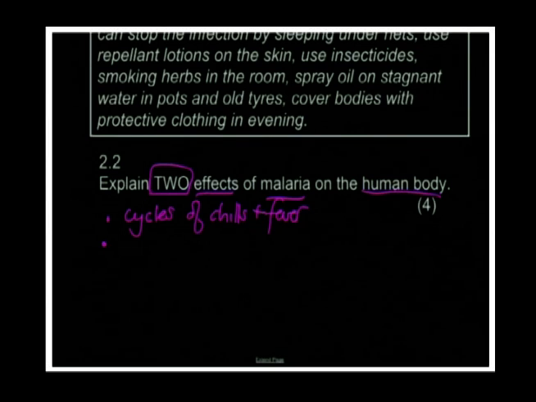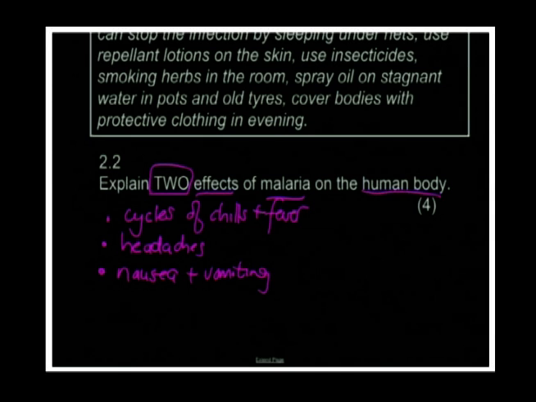You may have headaches, nausea and vomiting. You may have muscle pains, and so on. Remember that a whole list of those was given in the table where we discussed the disease. So literally any 2 from that table will get you your marks.